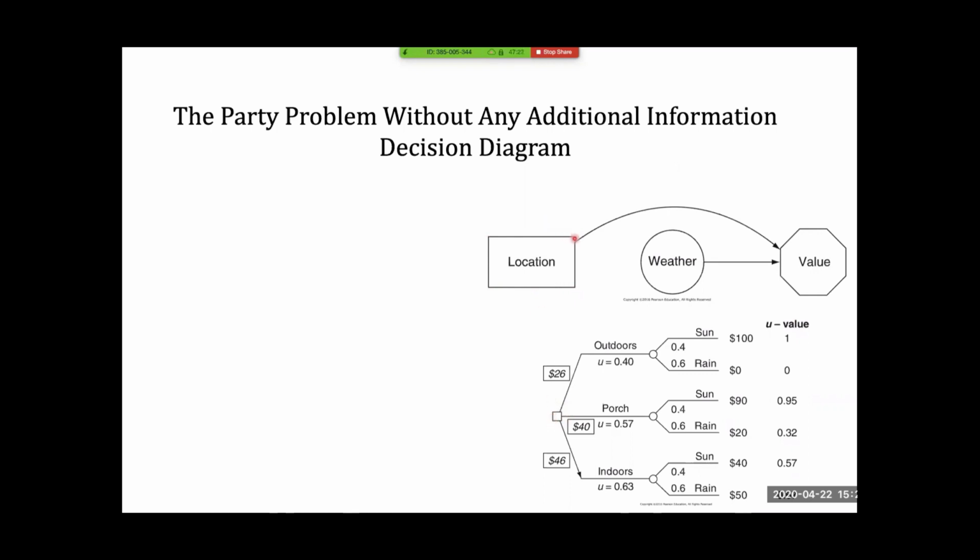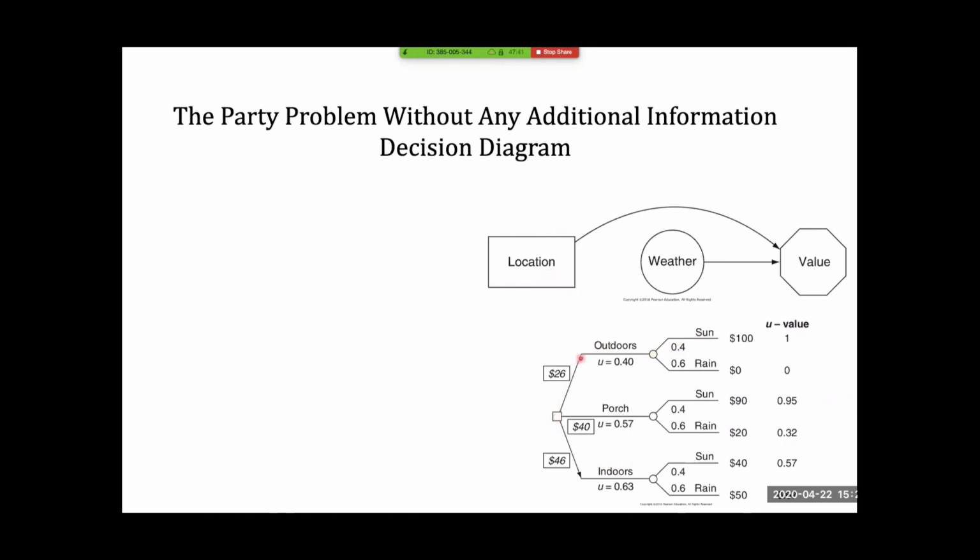So this location square node represents the three alternatives for the location. And then we have uncertainty about the weather at the time of the decision.